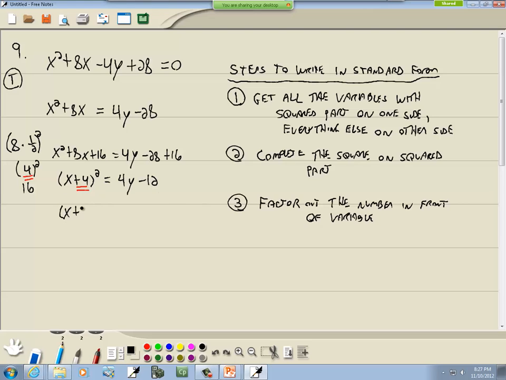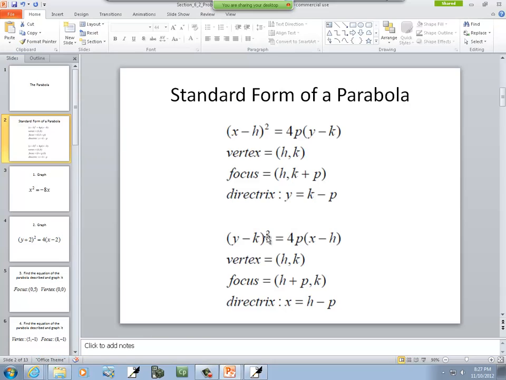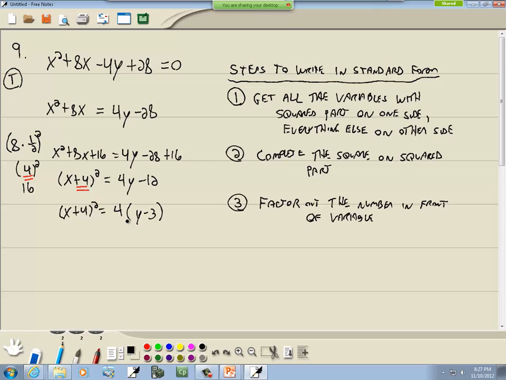So we got x plus 4 squared, and then we factor out the 4, and that gives us y minus 3. Because remember what we want. We want a parentheses before the y, don't we? So you always factor that number out. And now, this is in our standard form.